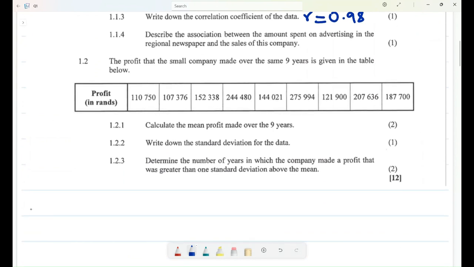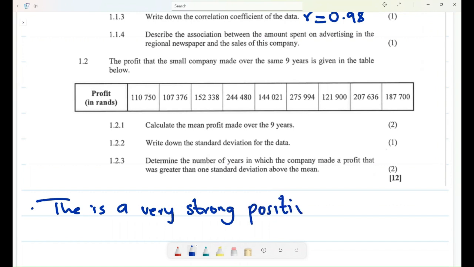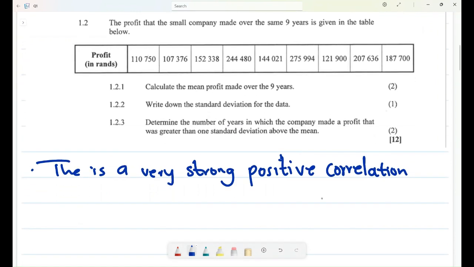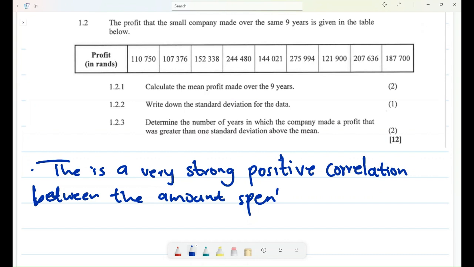Rather, we say there is a very strong positive correlation between the amount spent on advertising and sales.